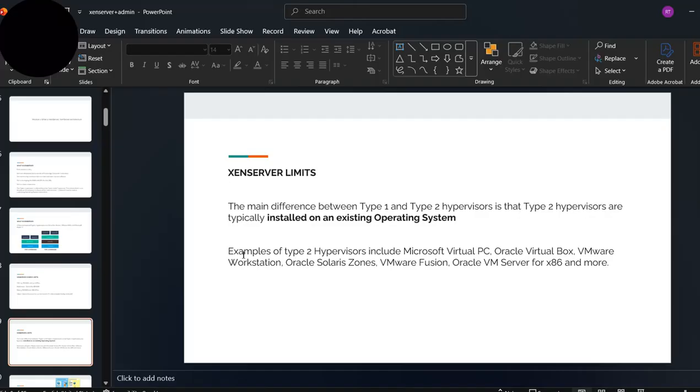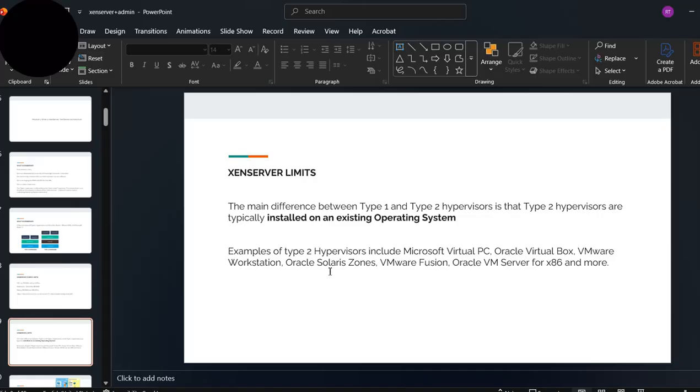Which are type 2 hypervisor examples? Oracle VirtualBox, VMware Workstation, Oracle Solaris Zones, VMware Fusion, Oracle VM Server for x86 and more.